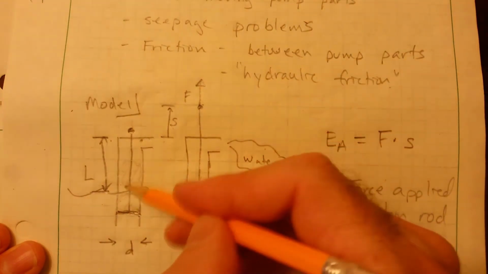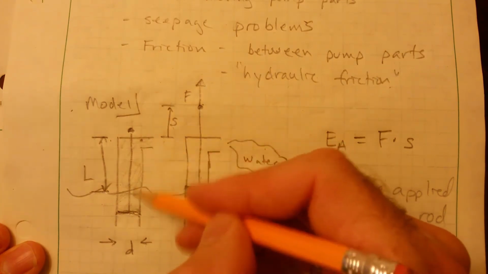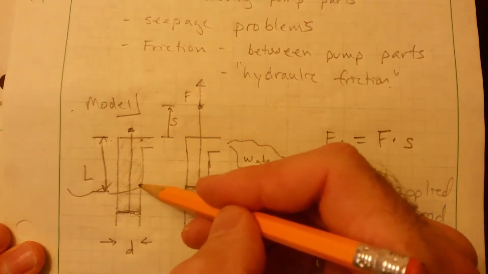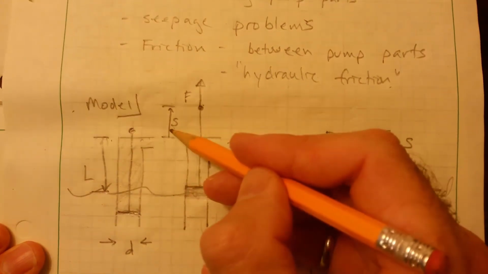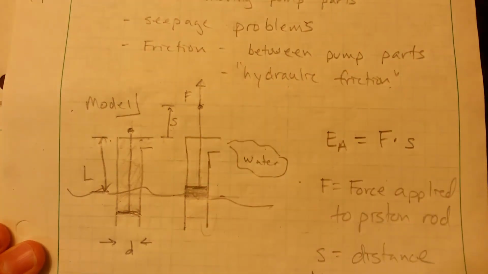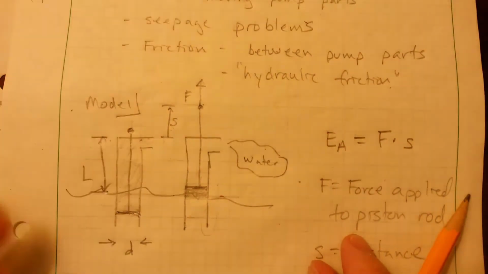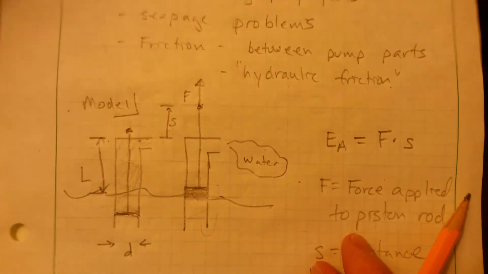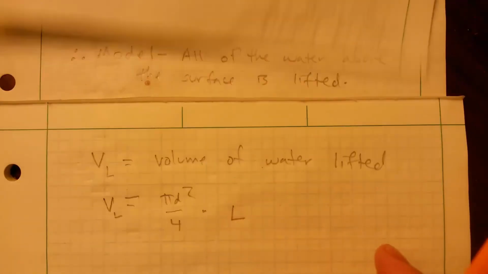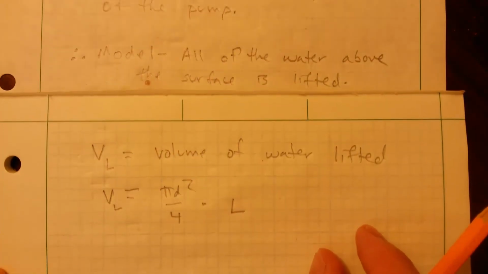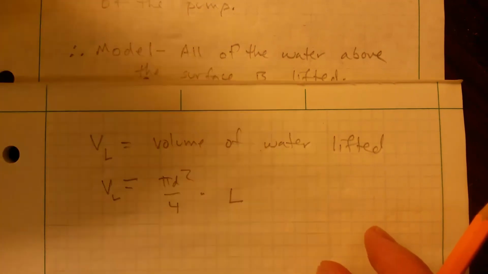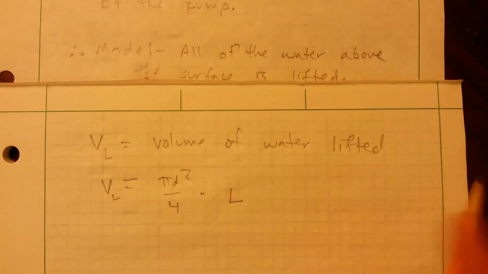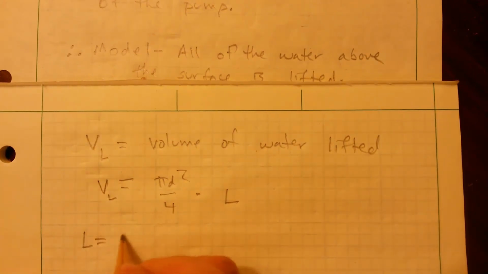So the model is that all of the water here, that much water, is lifted a height S. So the volume of water that's lifted is pi d squared over 4 times L. So I'll define L with words in addition to the picture above.